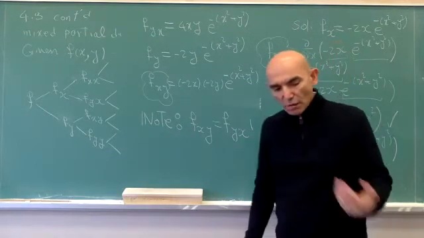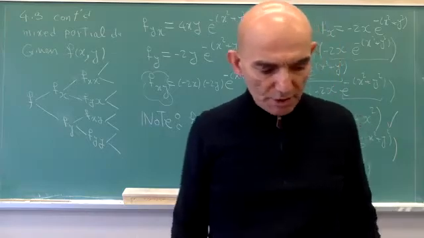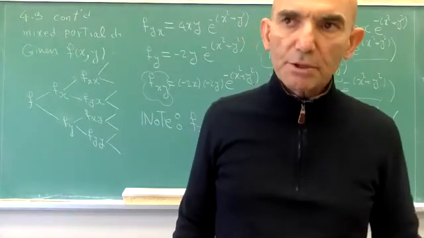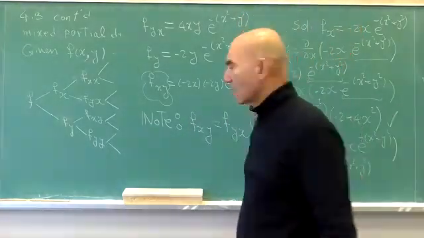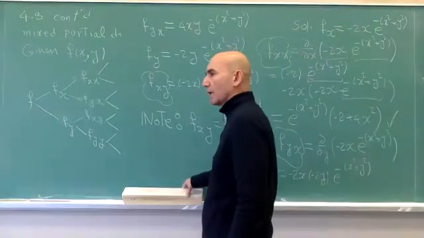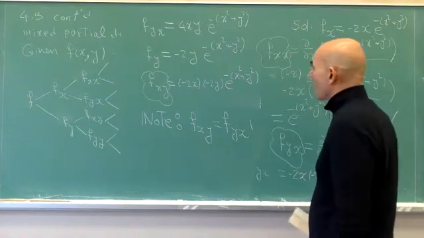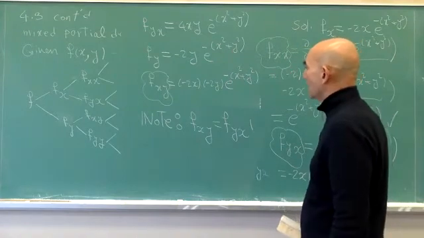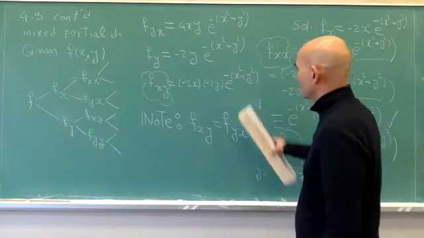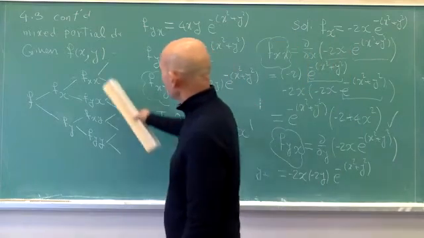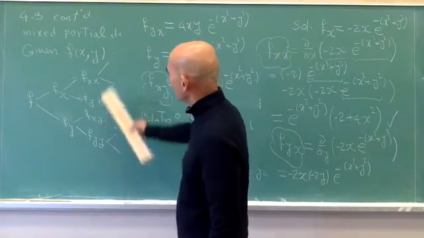So the result that tells us such a thing is true is called Clairault's theorem, in honor of a French mathematician, 18th century, Clairault. So let me now write it down, and then we will discuss. And then keep this kind of tree in mind.